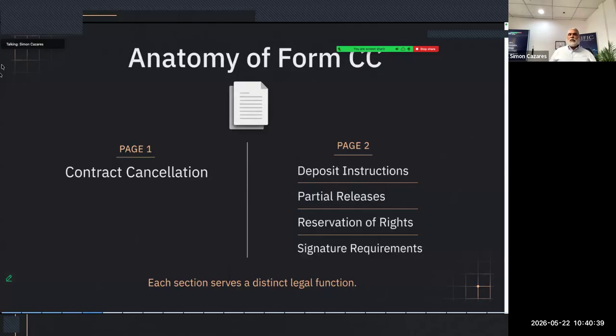Is escrow able to release that earnest deposit when you don't have the seller's signature? The answer is no, because there's not a mutual agreement. The only time that it becomes an executed agreement is when they agree to sign the form.